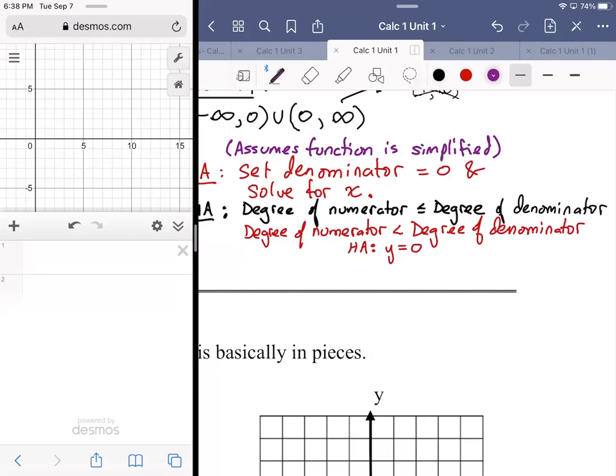So if the degrees are the same, then the horizontal asymptote is the ratio of the leading coefficients.